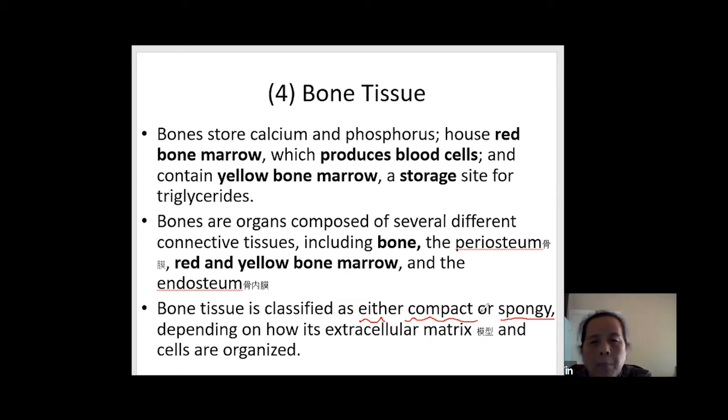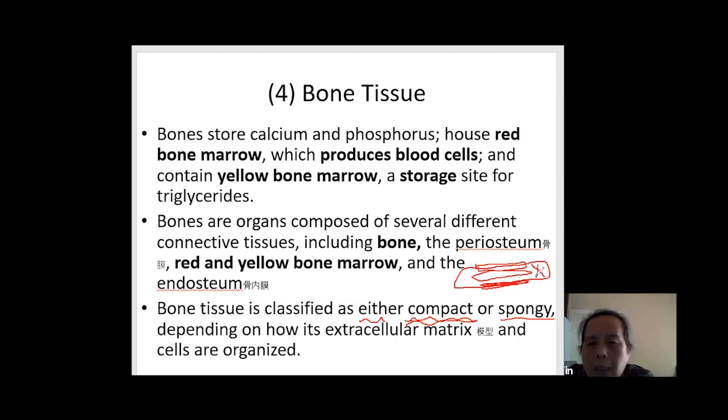Basically most bones are compact in the center, especially the long bone, like this part. Certainly long bone in the center has a cavity here holding the yellow bone marrow, but both sides are compact. You will talk about detail in our anatomy class if you have not been in anatomy class before.